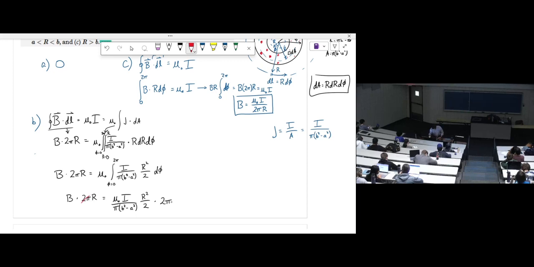These factors of 2 pi are going to cancel out. A factor of r cancels a factor of r over here, and I'm left with B is equal to mu naught I times r over 2 pi (b squared minus a squared).